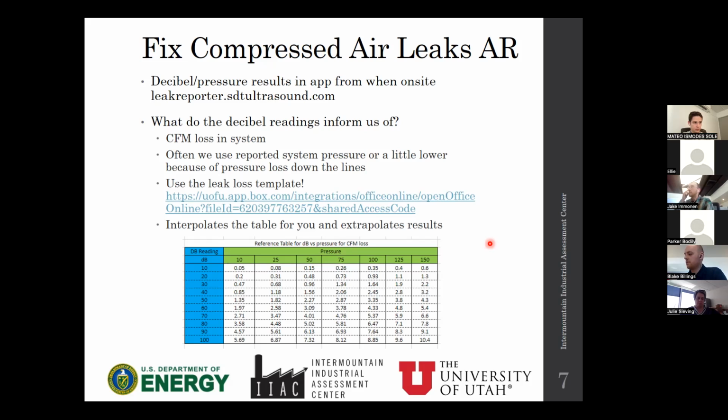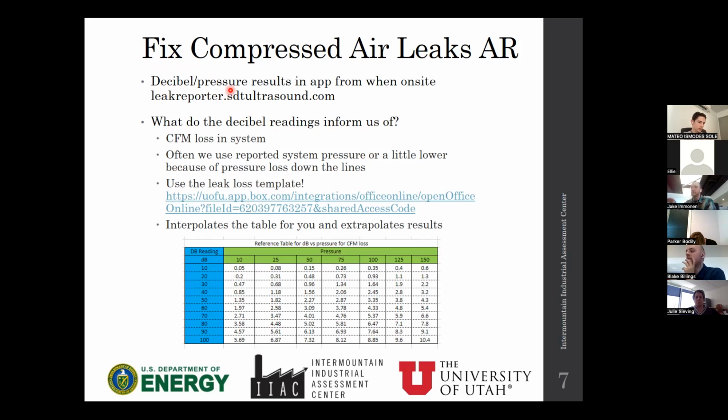So now we're starting from a point where we have all of our leaks documented in the app, as well as estimated pressure at all those leak points. I don't know how much we got into the pressure part of it, but the most accurate results will come from accurate pressure readings.